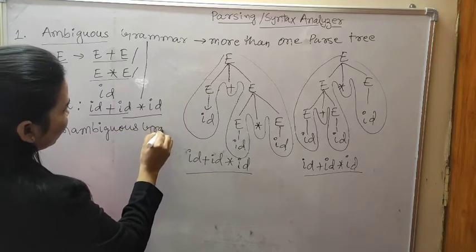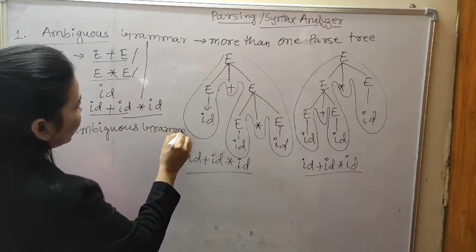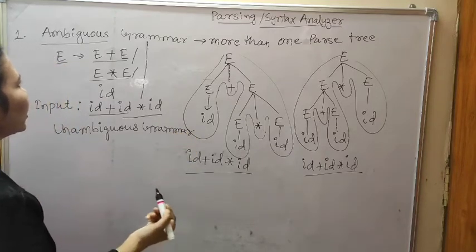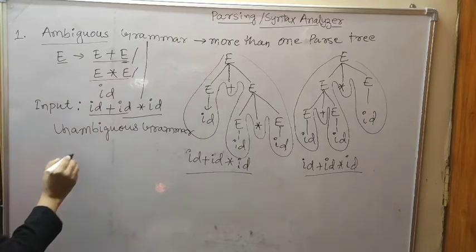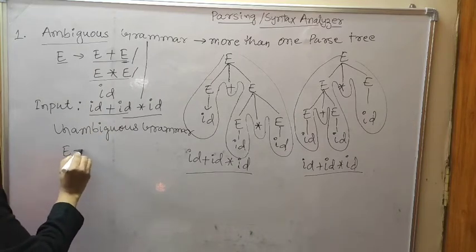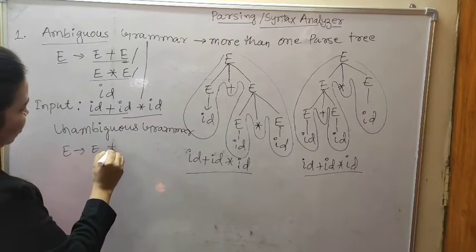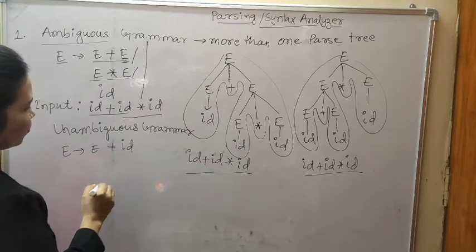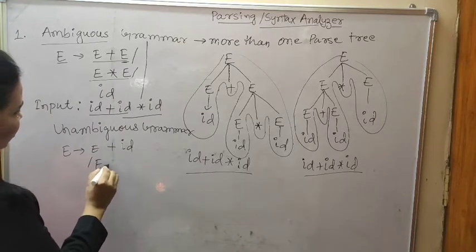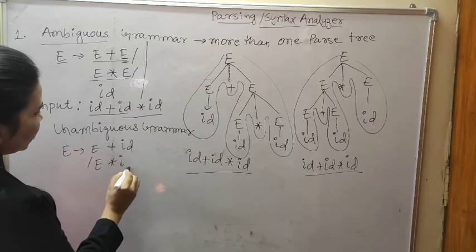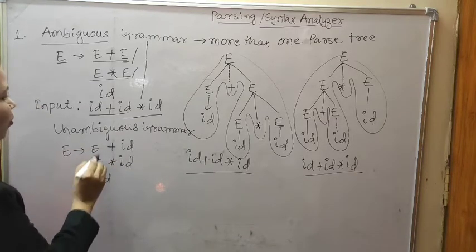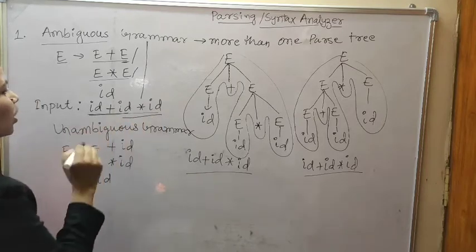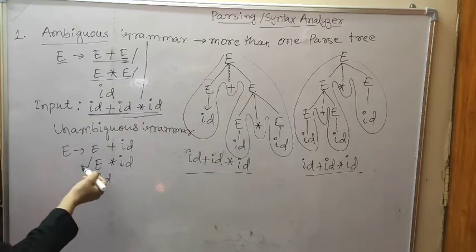Whenever we do this, we give names. We write expression goes to expression plus ID, or expression into ID, or ID simply. Now we try to convert it to a parse tree of this grammar.